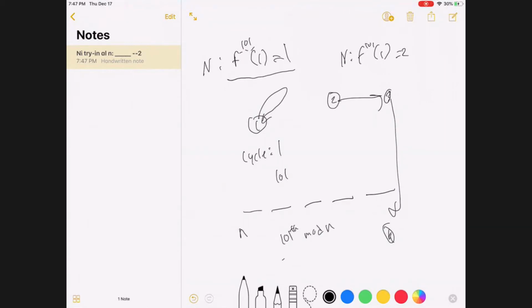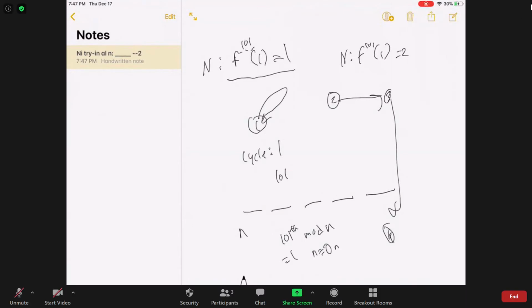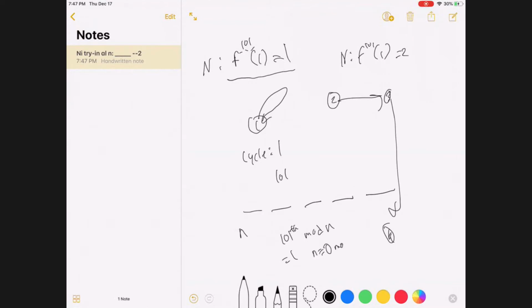And so this would have to equal the first element mod n. And so that means 101 has to be congruent to 0 mod n. And well, 101 is actually prime. So these are the only two cases. Either 1 goes to itself, or 1 is in a cycle of length 101.